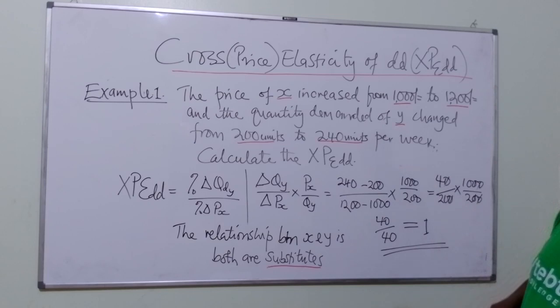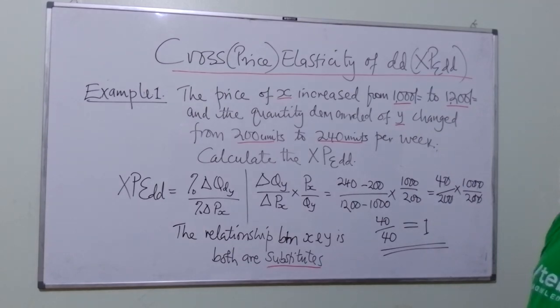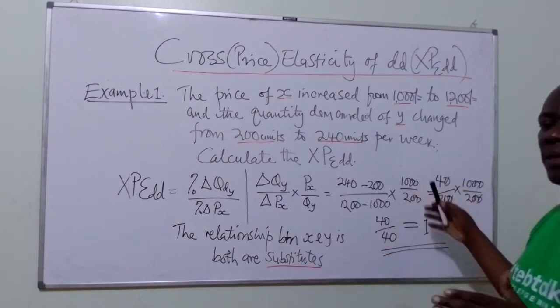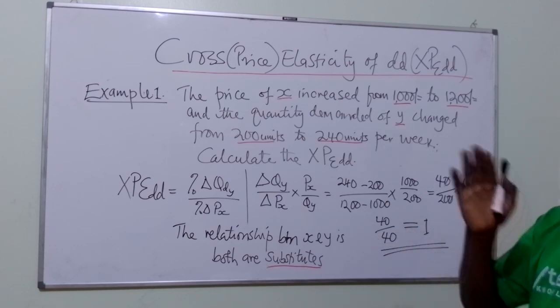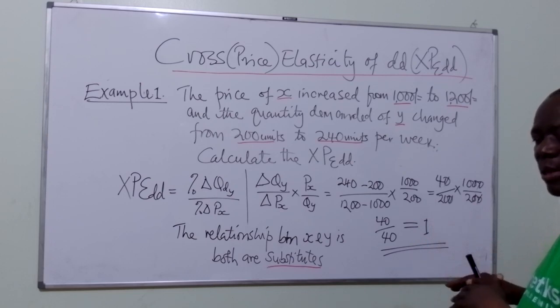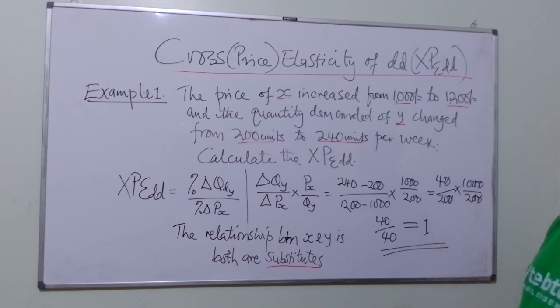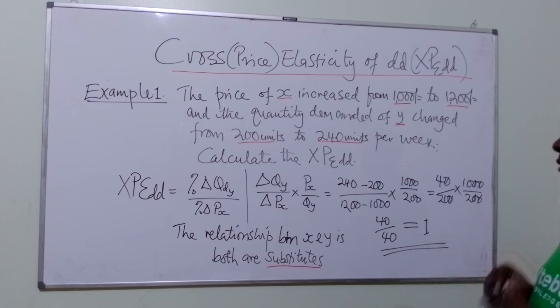It means that the moment you increase the price of one commodity without touching the price of the other commodity, you are going to see people leaving the one whose price has increased, moving to another commodity whose price has not changed. That means it is a substitute.